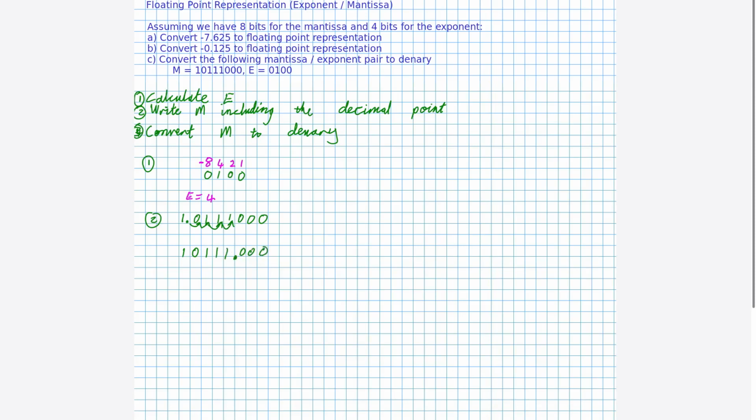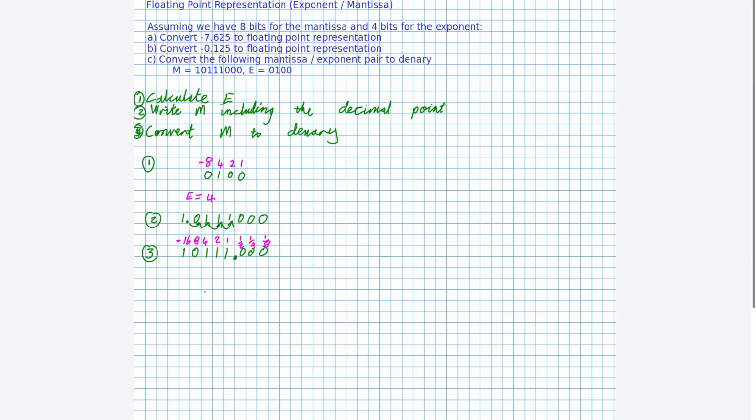We end up with 10110.000. And now when we want to convert this to denary, we would just start up here, 1, 2, 4 to the left, to the right, and double, -16.